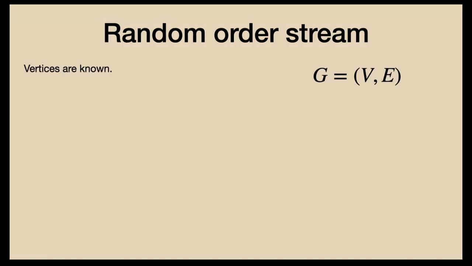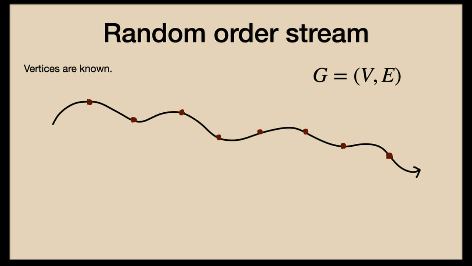Here, I'm going to define a random order stream. Again, you have this graph. The vertices are already known to you. Now, instead of the edges appearing in whatever order, I'm going to ensure that these edges are picked in a random order from E. What does that mean? Before these edges are sent, you're going to pick a permutation of the edges, and these edges are going to appear in the order that you picked.